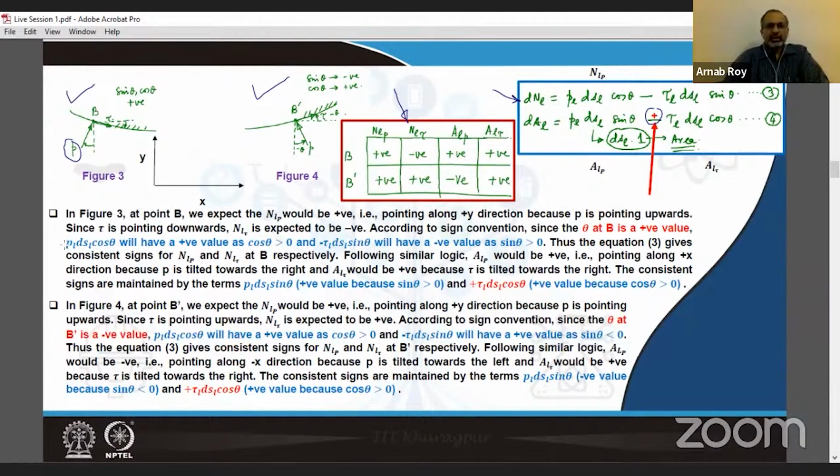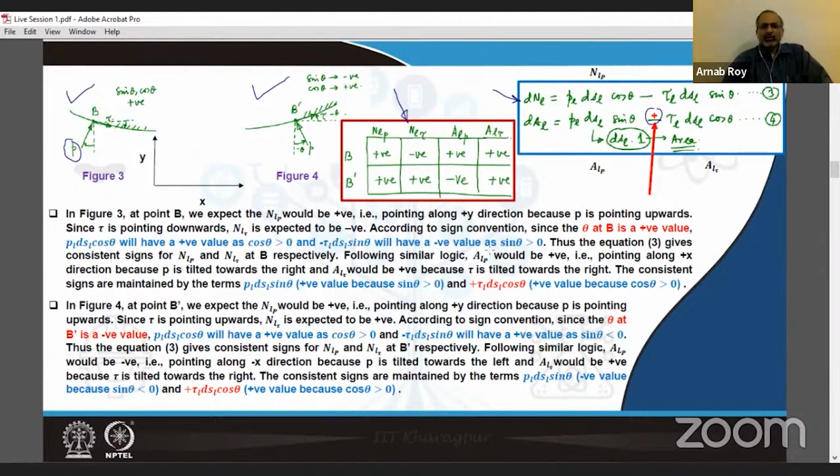When you go to the equations, PL DSL cos theta will have a positive value because cos theta is greater than 0. Minus tau L DSL sin theta will have a negative value because sin theta is greater than 0. Therefore, equation 3 gives consistent signs for NLP and NL tau for the point B.